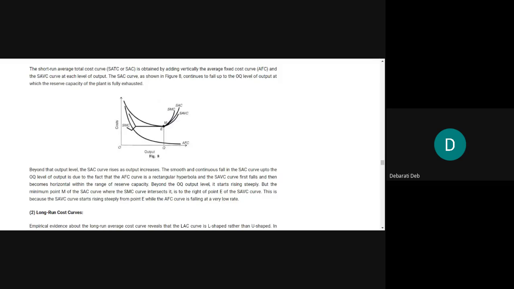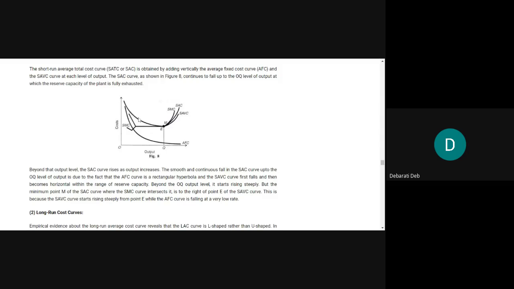So, how will this average cost curve be obtained? Vertically, all the positions of the average variable cost and the average fixed cost will be added, and then the short run average cost will be drawn. That is how this shape will look.